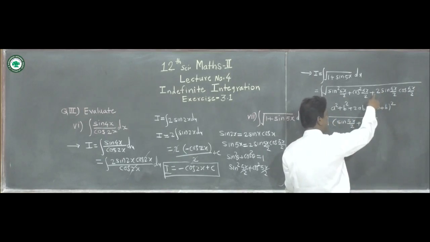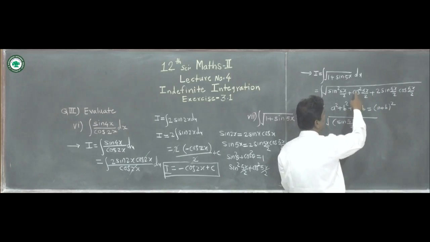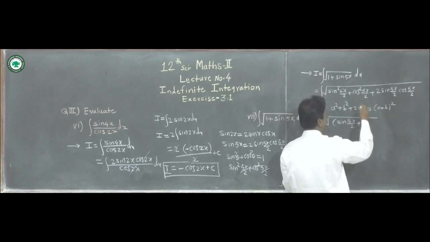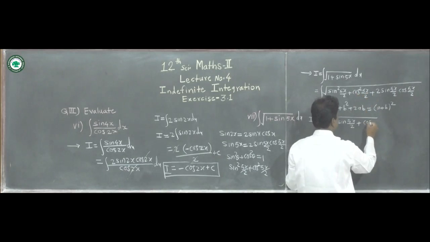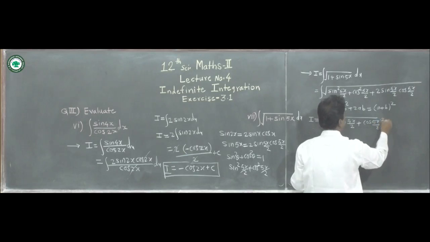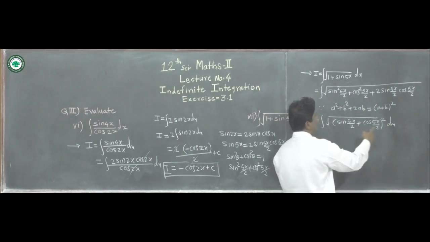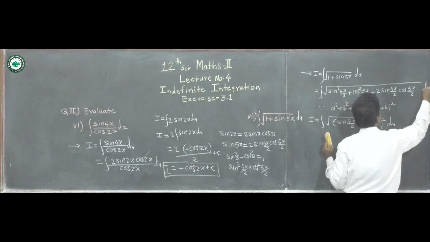If the middle sign is minus, then take minus here, and now b is cos of πx by 2) whole square, and write dx. When we take the integration sign, always write dx.